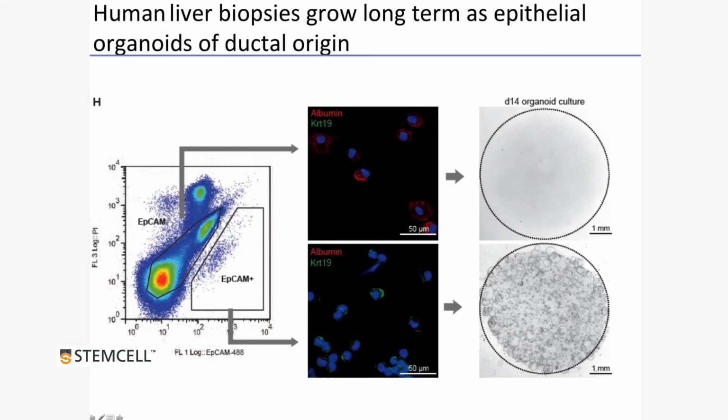It was a 30% colony formation efficiency from EpCAM positive cells derived from these human livers, whereas EpCAM negative populations did not start organoid cultures, at least from humans. So what we had in culture was a population that started from EpCAM positive cells and was able to be maintained in vitro in culture.